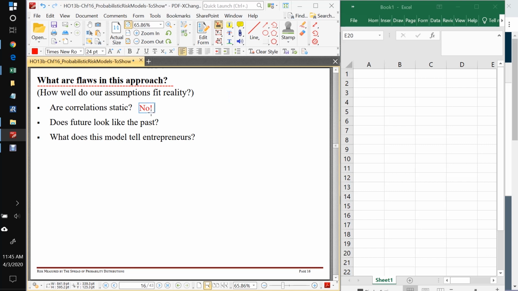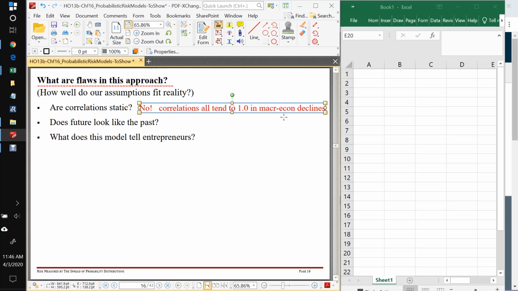And the answer, unfortunately, is no. Correlations all tend to 1.0 in macroeconomic declines, i.e. recessions induced by something like we're seeing today in March of 2020, the coronavirus outbreak, or the recession we saw in 2008-9 in what has been called, at least until 2020, the Great Recession, the greatest recession up to that point, not including the Great Depression.